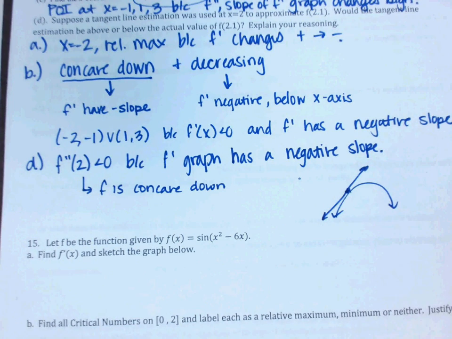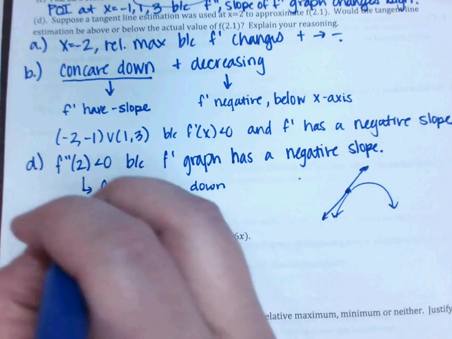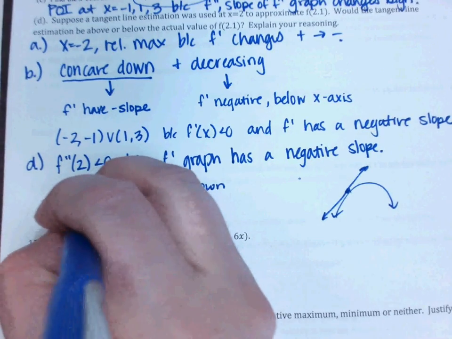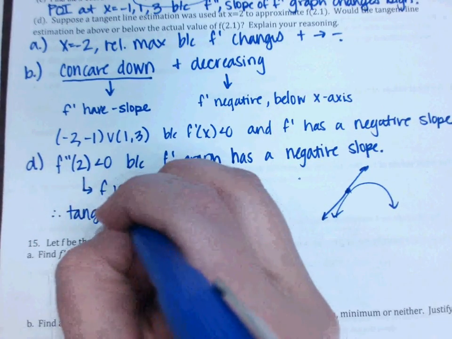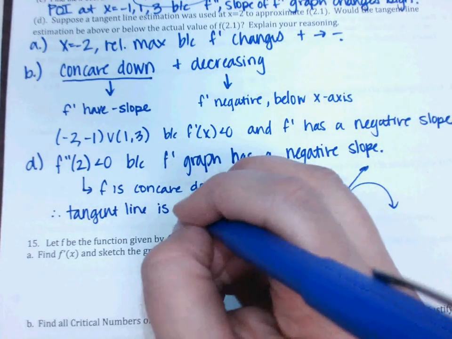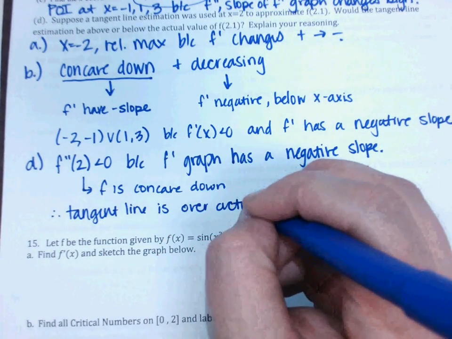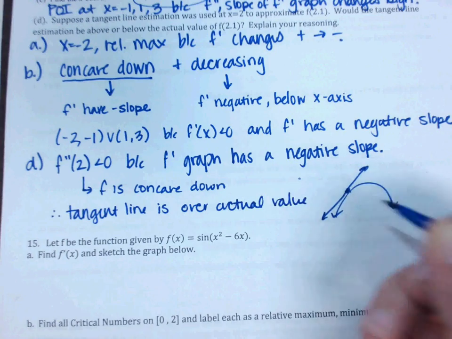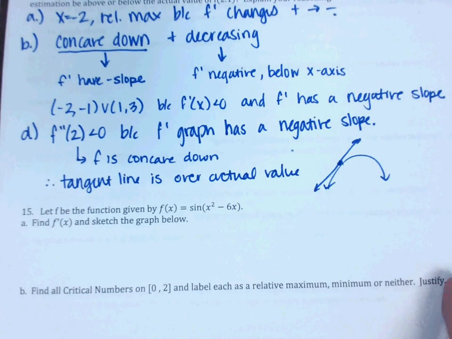And I'm going to notice that the tangent line is above the actual value of the graph. So, therefore, tangent line is over actual value. If the second derivative is negative, the original graph must have been concave down. That tells me my tangent line's going to cut above. What if my graph had been concave up? Where would my tangent line fall? Below. Okay?